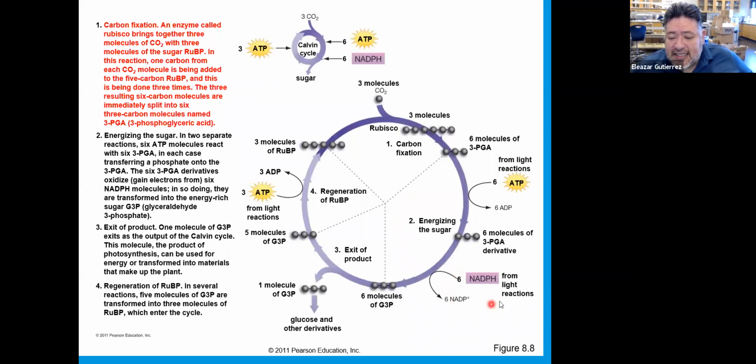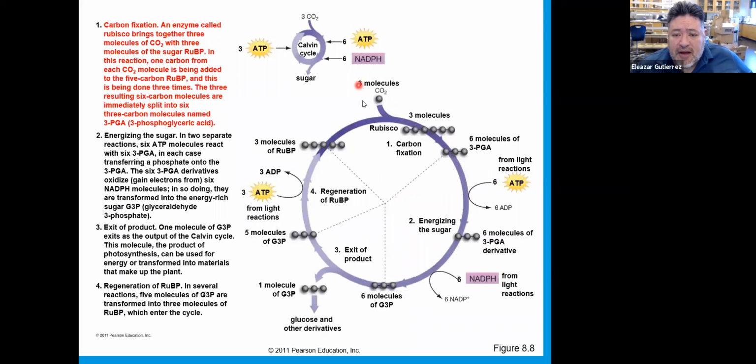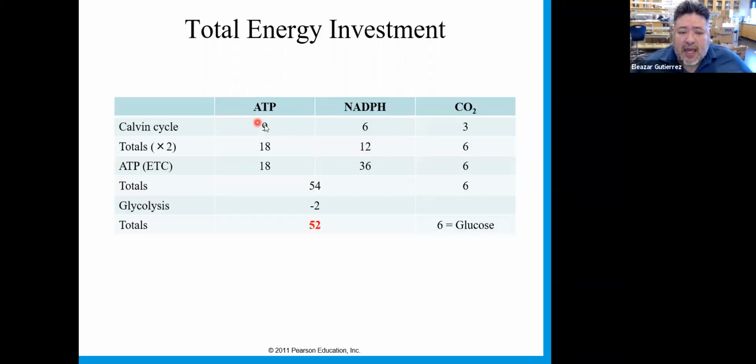Here it is. 6 NADPH. In doing so, we're going to need 3 carbon dioxides. Here they are. 3 molecules of carbon dioxide. All that to produce 1 glyceraldehyde 3-phosphate. Okay?